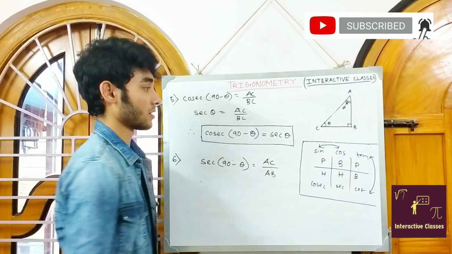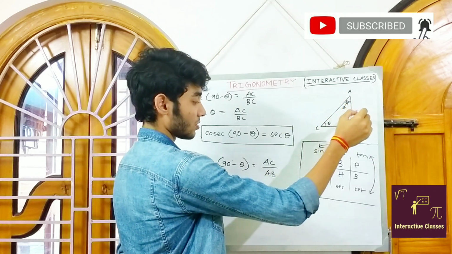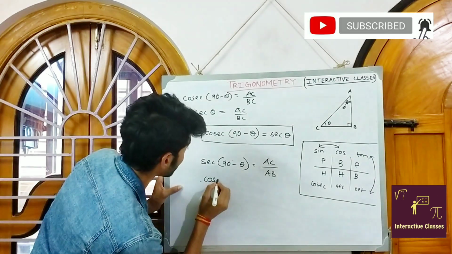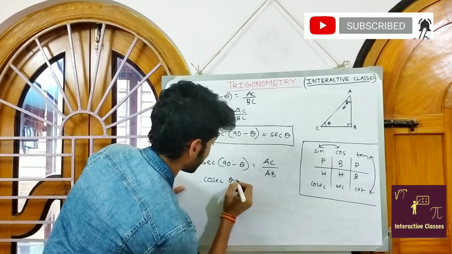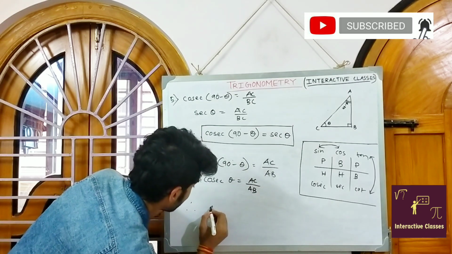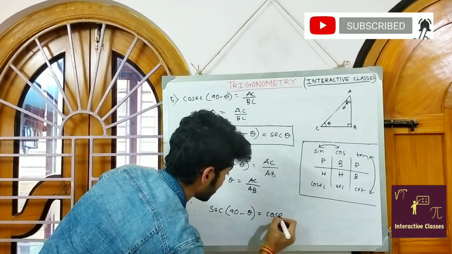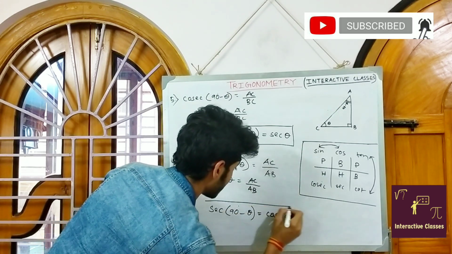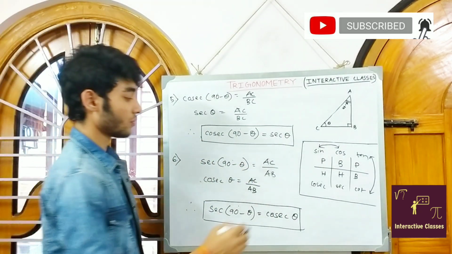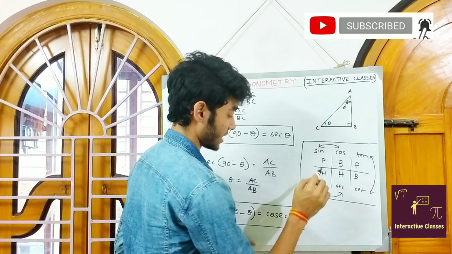Now from the theta respect, AC by AB means hypotenuse upon perpendicular, which is cosec. So cosec theta can be written as AC by AB. So by comparing, sec 90 minus theta is nothing but cosec theta. So sec becomes cosec and cosec becomes sec.